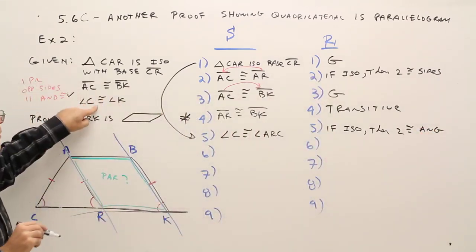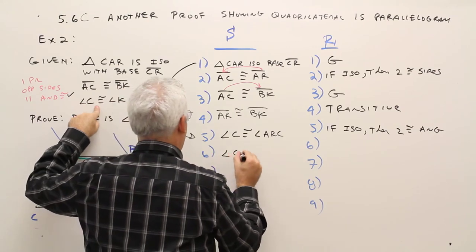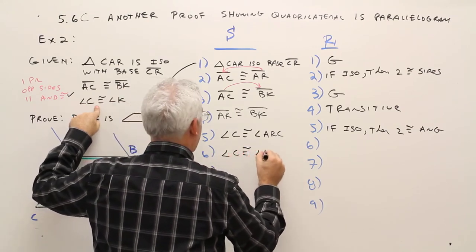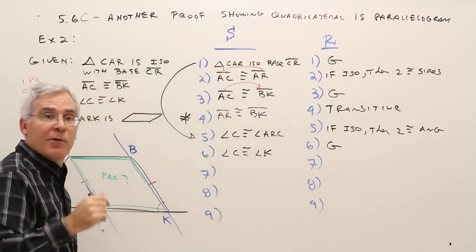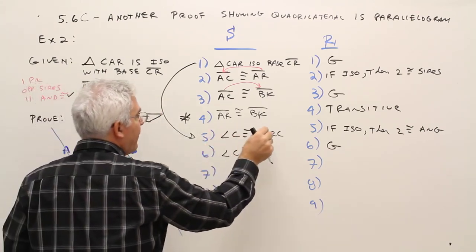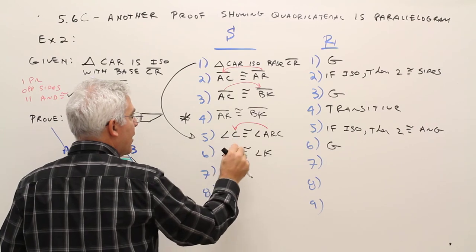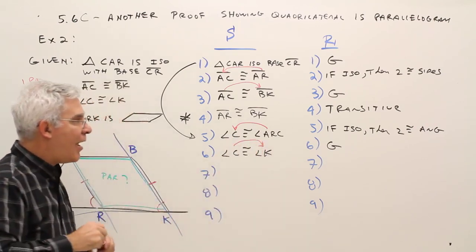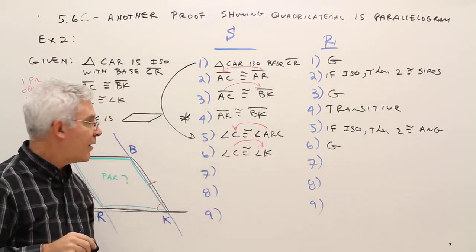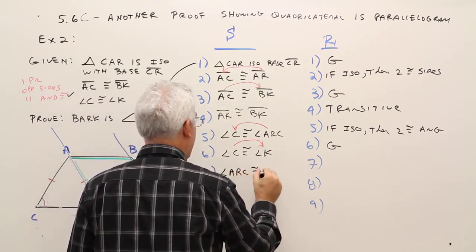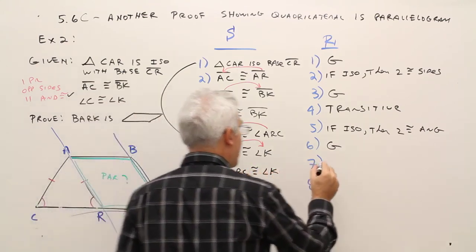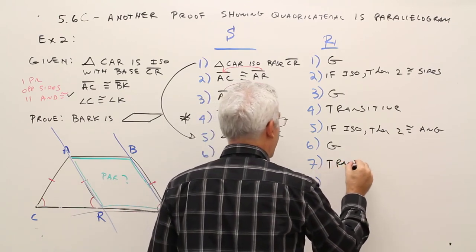Okay, then I'm going to use this over here. Angle C is congruent to angle K. That was given. And again, I'm going to use the transitive. If ARC goes to C and if C goes to K, then ARC goes to K. Angle ARC congruent to angle K by transitive.